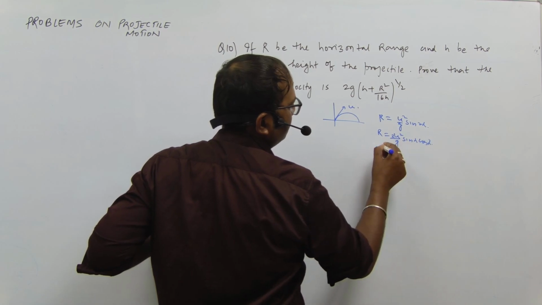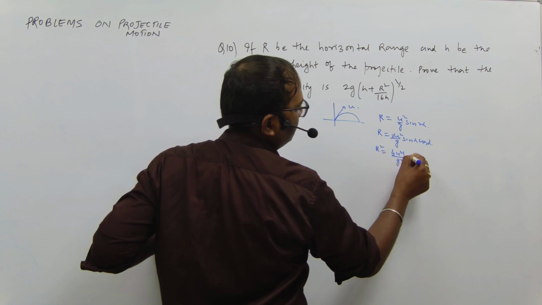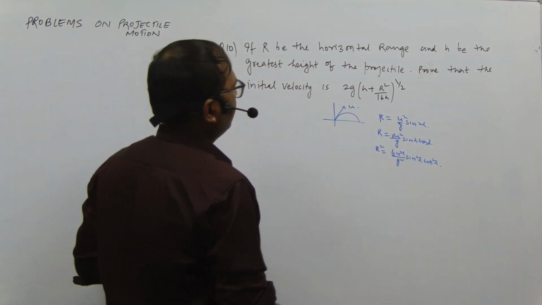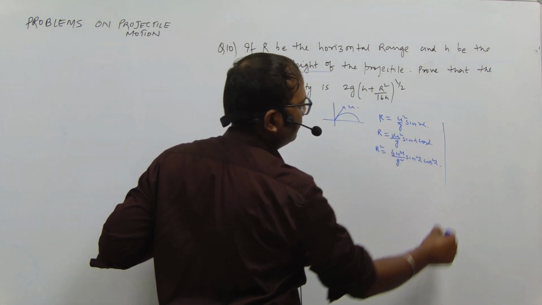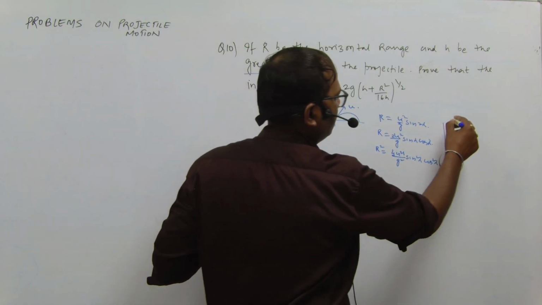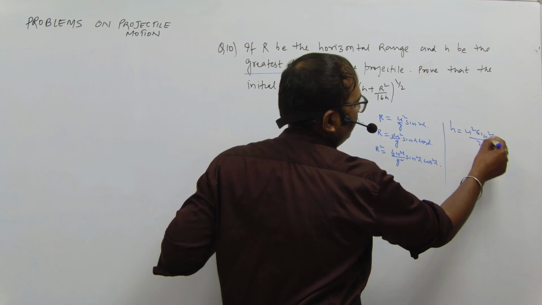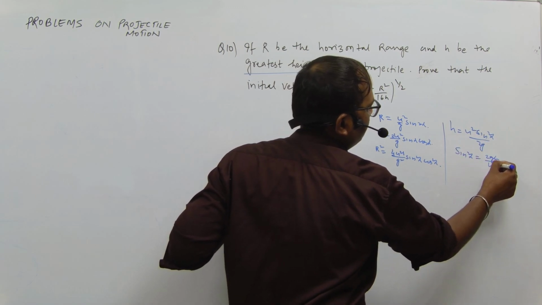So R square is equal to 4u to the 4 upon g square sin square alpha cos square alpha. Now the greatest height h is equal to u square sin square alpha upon 2g. So from here sin square alpha is equal to 2gh upon u square.